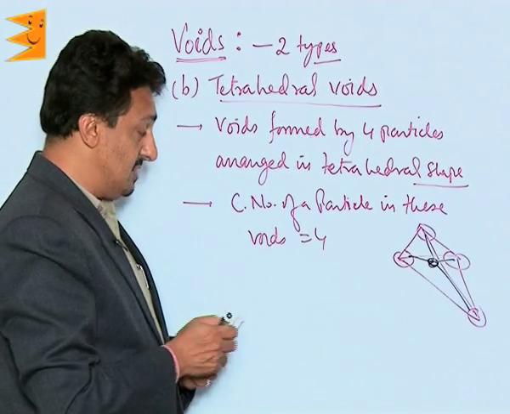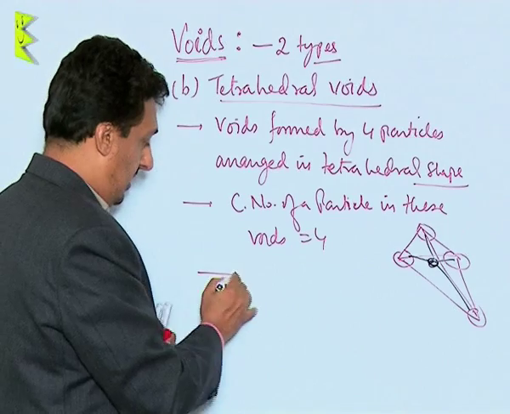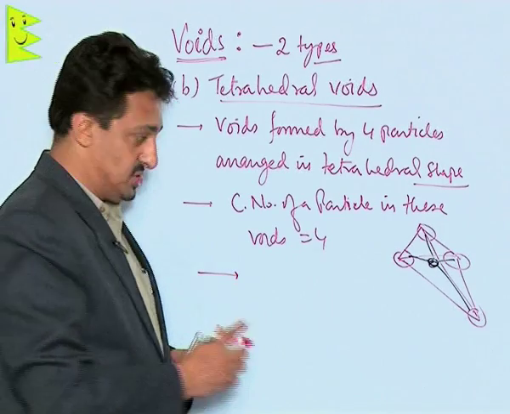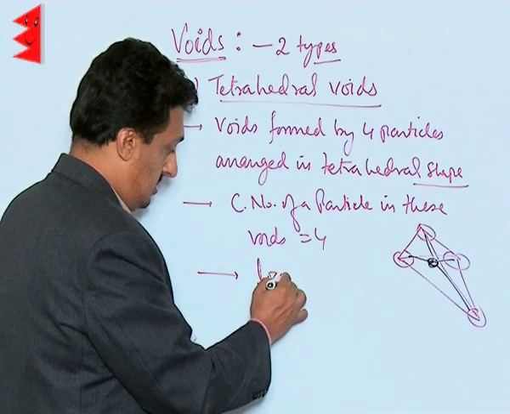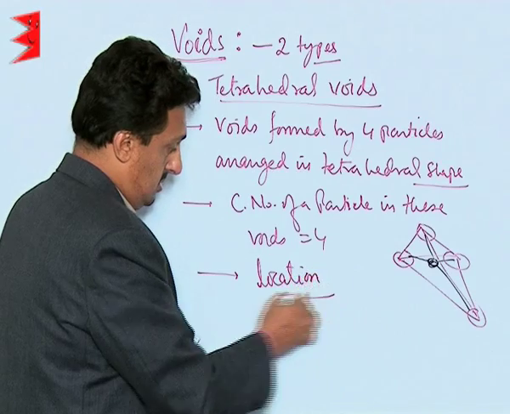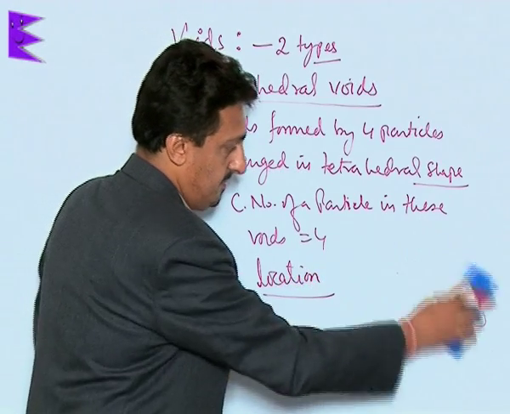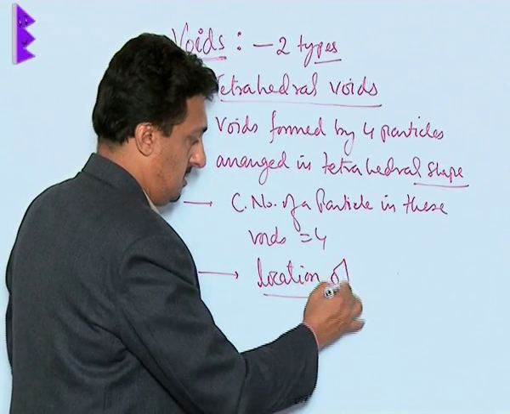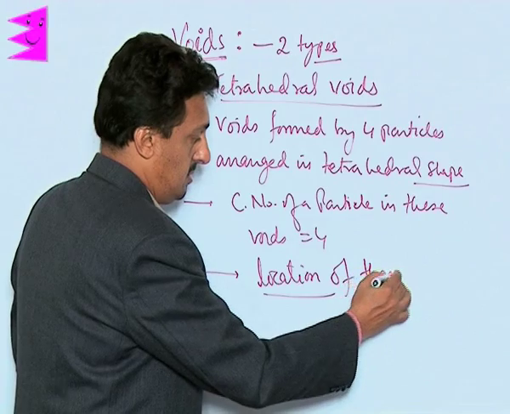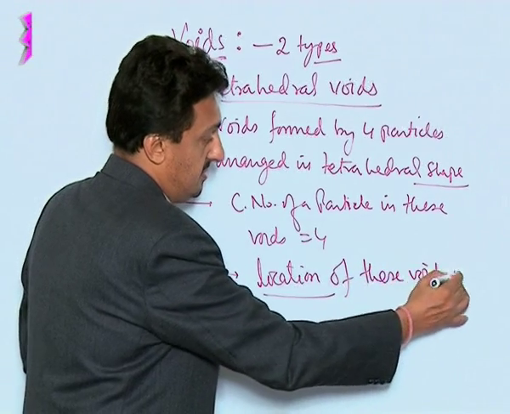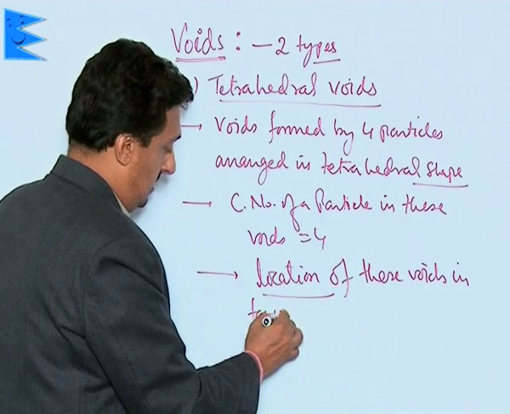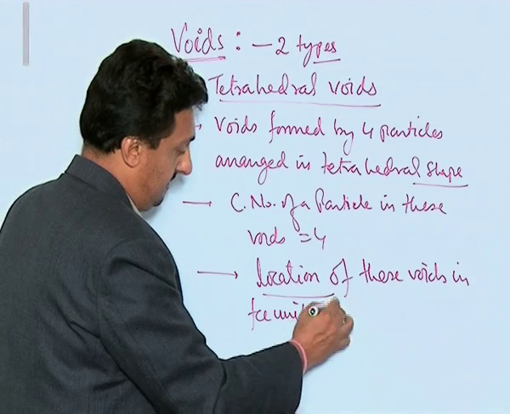Then the question comes, what exactly is the location? So the location of these voids in the FCC unit cell.